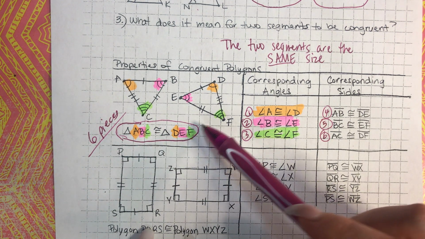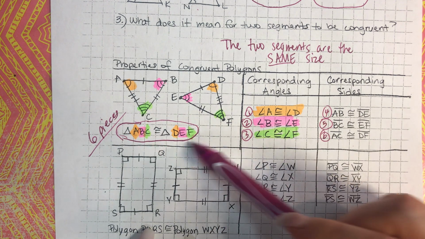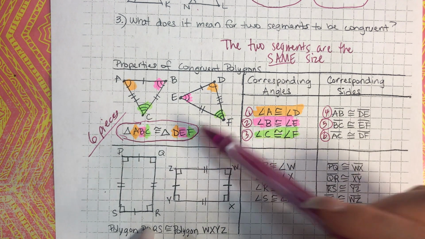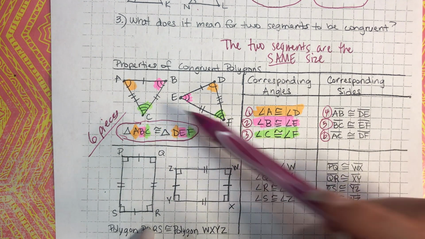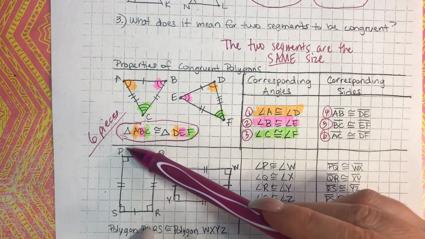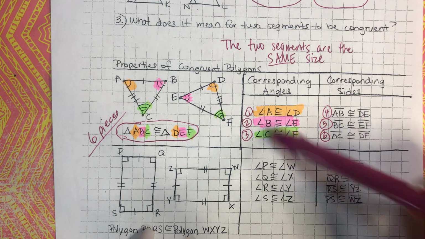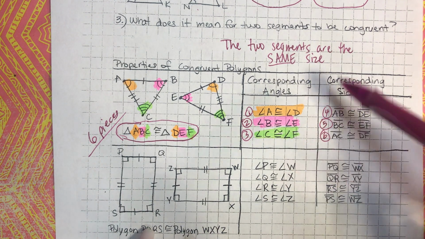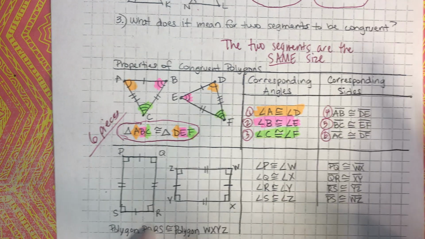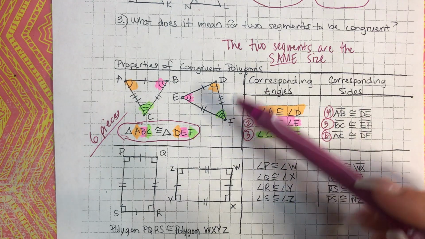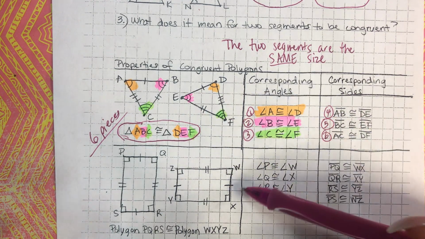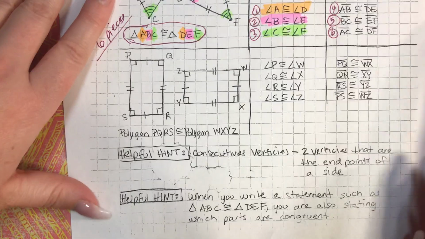So it's very, very important that you pay close attention when you find 2 triangles are congruent, and you write it so that you can have those 6 pieces of information corresponding, 3 sets of corresponding angles and 3 sets of corresponding sides. Okay, so this is a triangle, and then there's quadrilaterals.